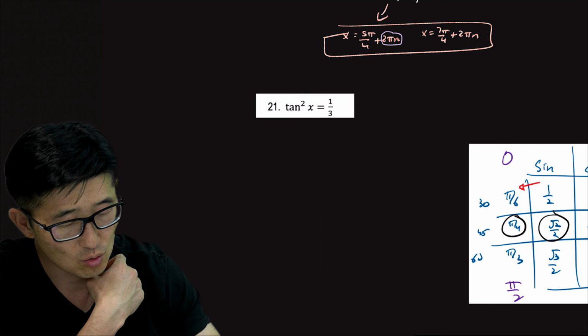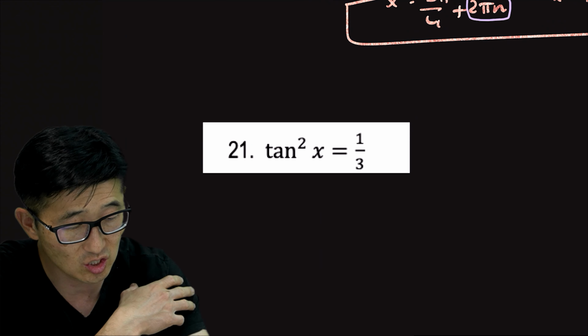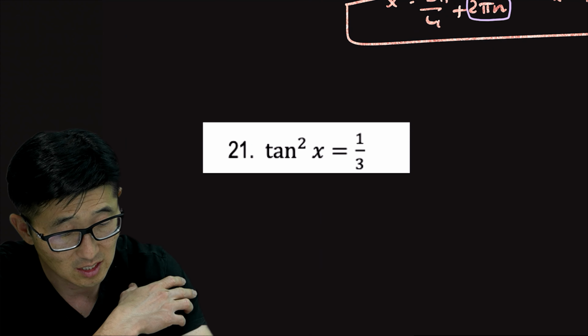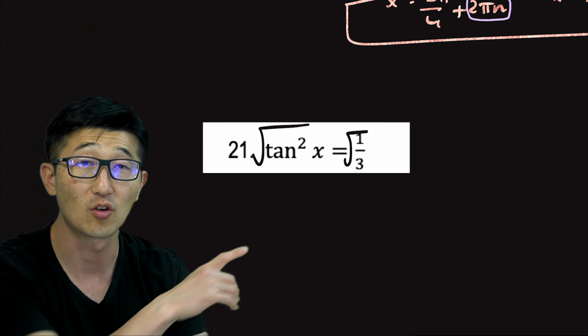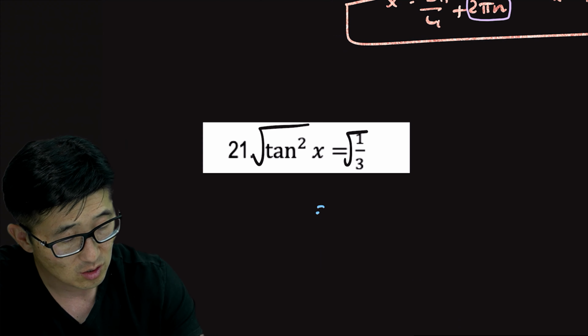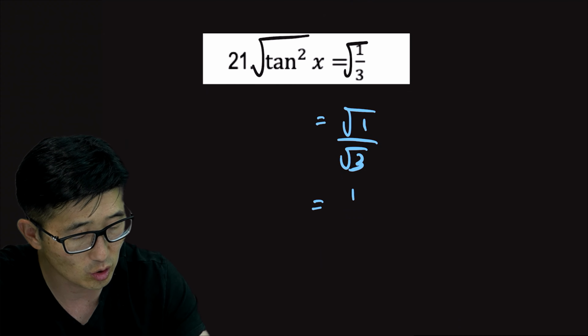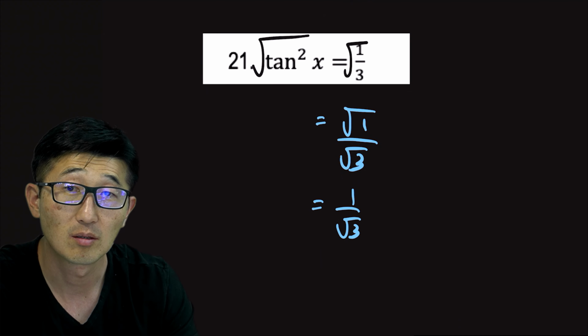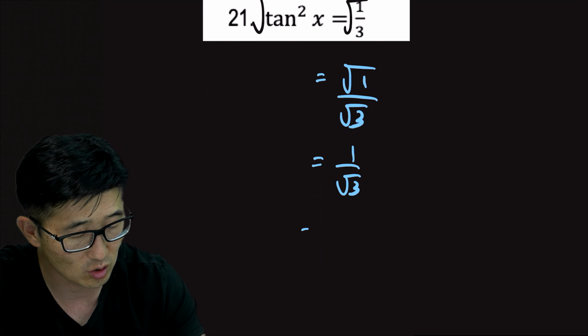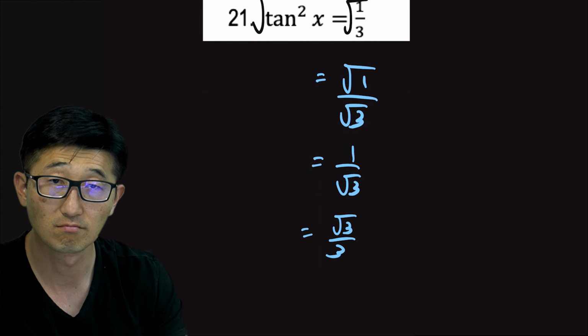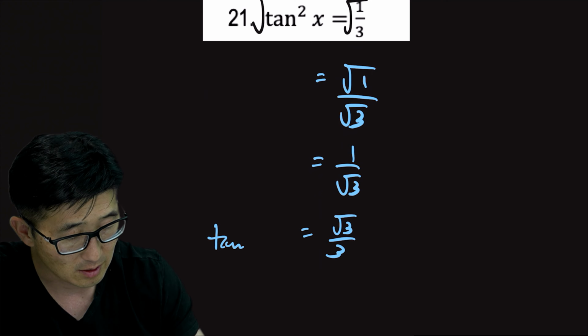So if I took the square root of both sides, on the right side you'll get rad 1 over rad 3, which is 1 over rad 3, right? But you have to rationalize it, so you get rad 3 over 3.